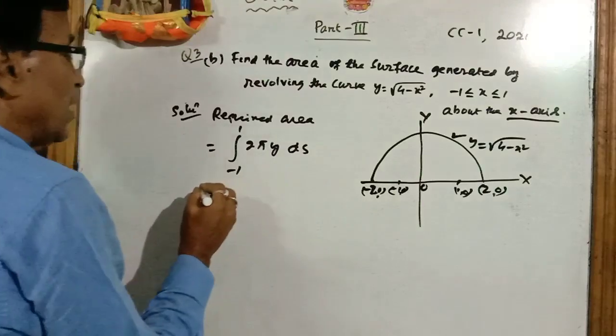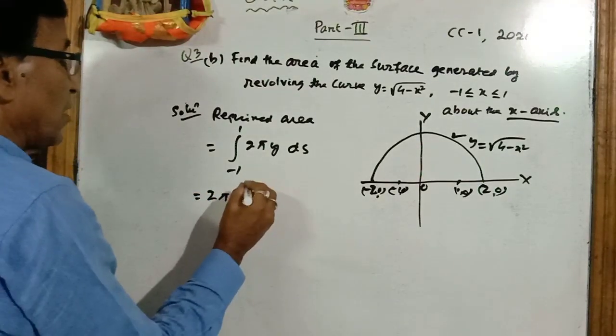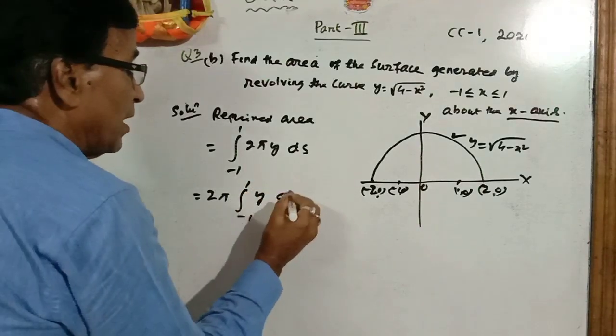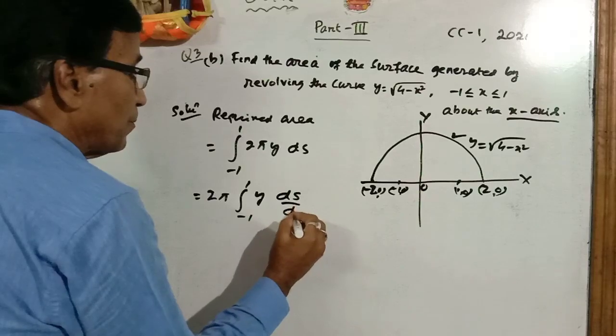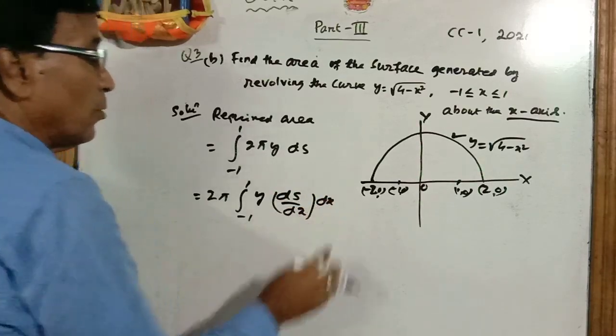So it is 2 pi, definite integration from minus 1 to 1, y into ds by dx, whole into dx.